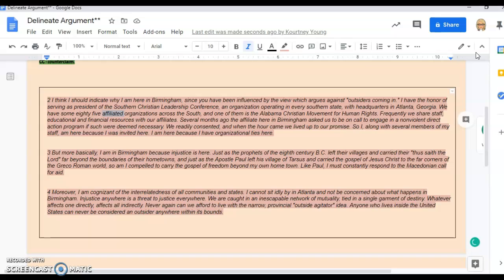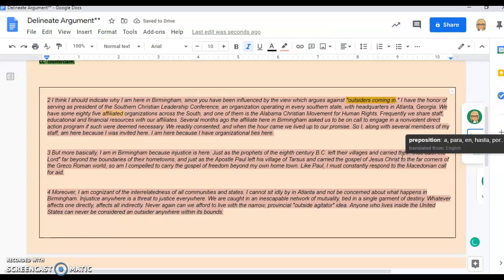Okay, so it looks like we have quite a bit of things that could probably be clues. Let's see. "I should indicate why I'm here in Birmingham." Talks about outsiders coming in. Let's go ahead and leave a comment. That could maybe be a clue, a claim. We'll go ahead and just put a C and a question mark, because that might be a claim.